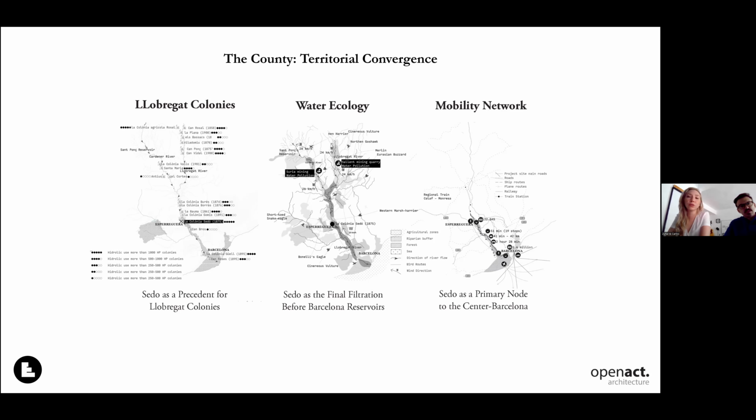So we wanted to see, the river was right next to it, right? Just like everywhere else in the world, rivers and industrial compounds have a huge relationship. So we said, let's start from there, from the water ecology.